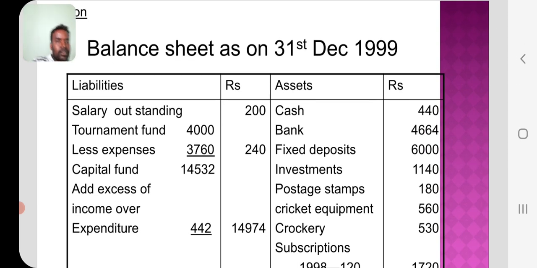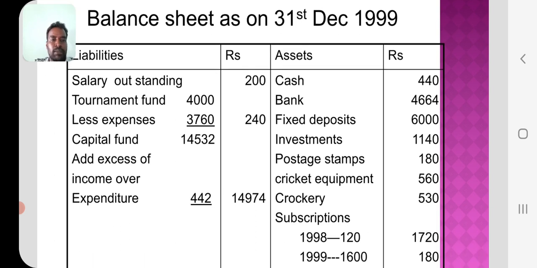Here we are preparing the balance sheet of Jupiter Club on 31st December 1999. Salaries outstanding 200; tournament fund 4,000, minus expenses 3,760 should be deducted from that. The net amount to be shown here is 240. Capital fund 14,532. Next, add excess of income over expenditure.